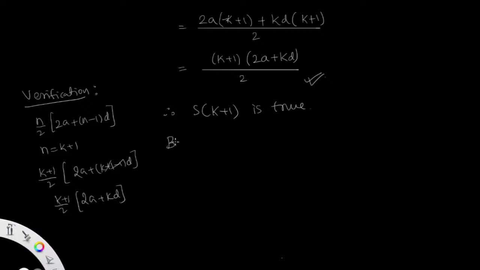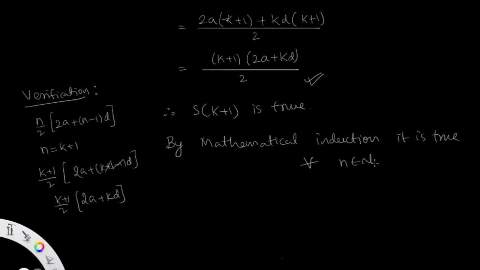This process is called, by using whatever the method we have to mention, that is, you have to write in the last step: by mathematical induction, it is true for all n belongs to N. The symbol for all is like this, and this is called as for all.